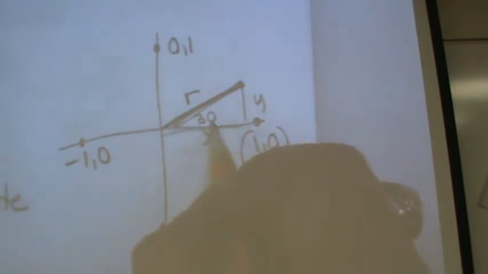So now I'm going to give you 3 new definitions. Sine, instead of saying opposite over hypotenuse, is the Y value over the R value. Cosine is the X value, adjacent, over the R value. Anyone know what tangent is?